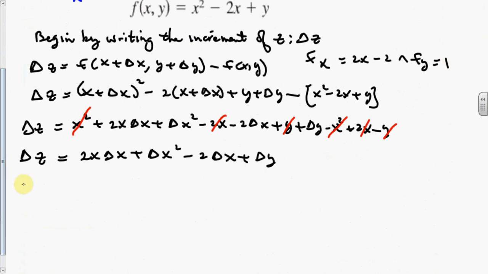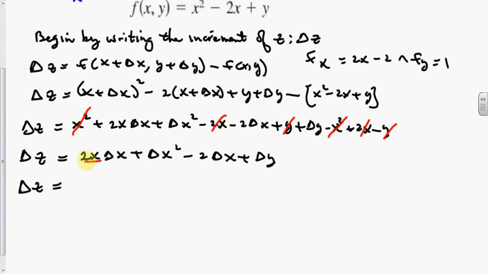You keep that in mind because I want to write this basically as the total differential. So the total differential is first the partial of f with respect to x times dx. Here dx is being approximated by delta x. Then plus the partial of f with respect to y times dy or delta y. So if that be the case, the partial of f with respect to x is 2x minus 2.